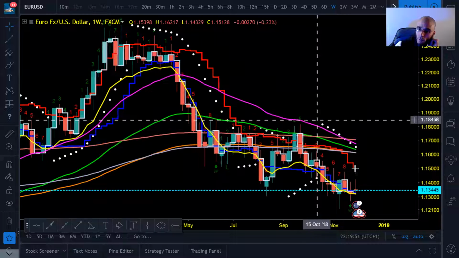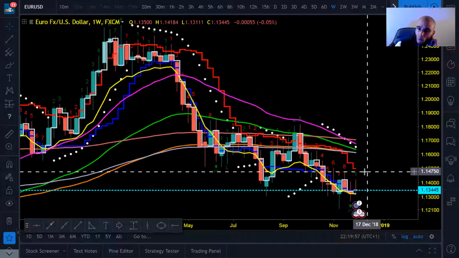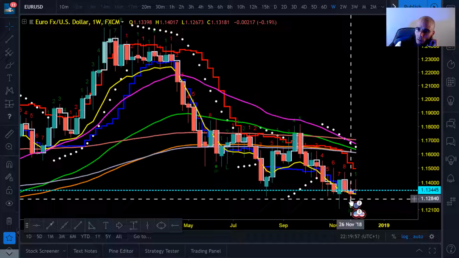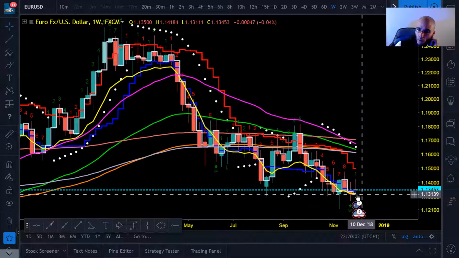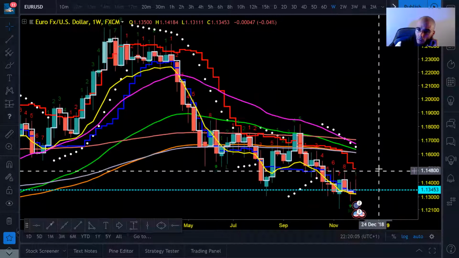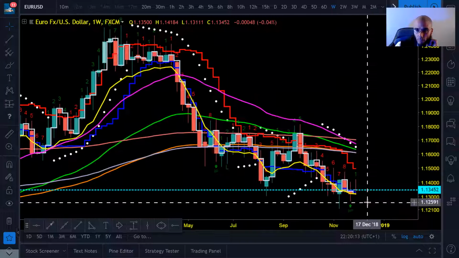The euro is on a 1. If you get a 2 trading higher than a 1, you could go long. But since you did hit a 9, I'm expecting only a 1, 2, 3, 4 candle reversal and then lower. The opposite of the dollar.